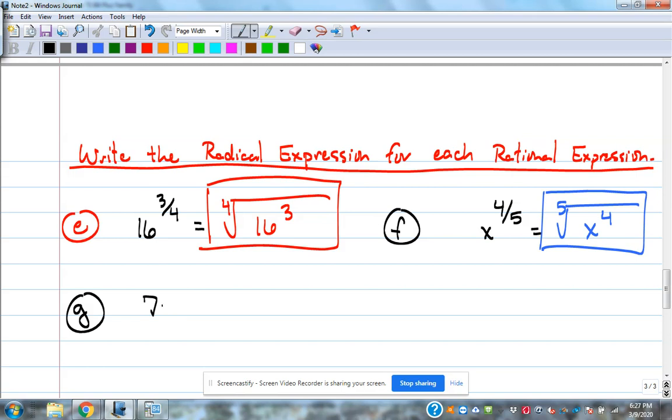7x to the 5 over 6. Which one of those has the exponent? X. So that 7 is just hanging out. It's not doing anything as far as the root goes. So the root has what index? And what's on the inside?